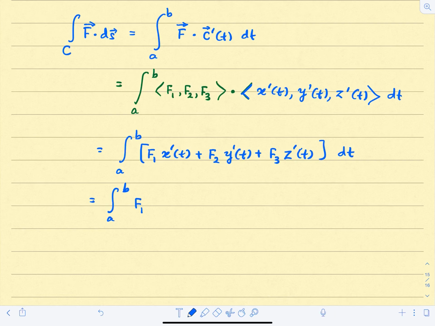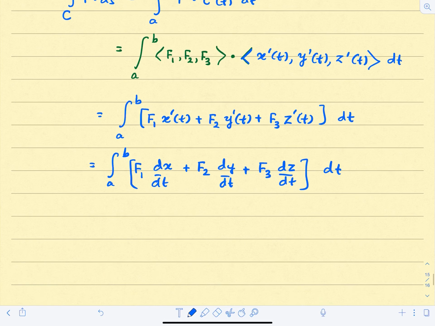However, x prime t is the same as dx over dt. y prime is dy over dt. z prime is dz over dt. Now you can think of these three quantities, dx over dt, dy over dt and dz over dt, as a fraction.